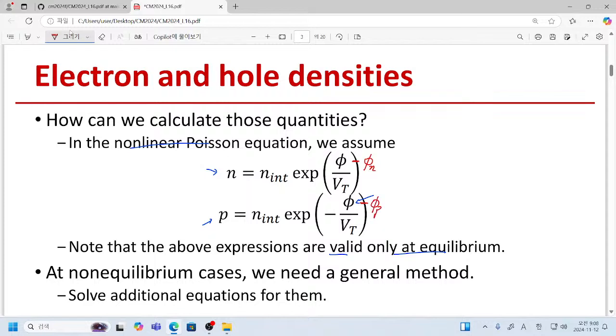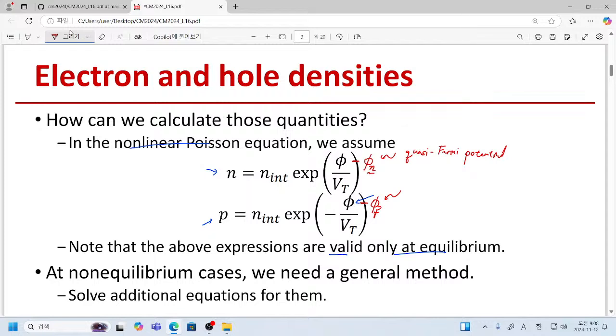These quantities, written with phi but with subscripts, are called quasi-Fermi potentials. Depending on the subscript, one is the electron quasi-Fermi potential and the other one is the hole quasi-Fermi potential.